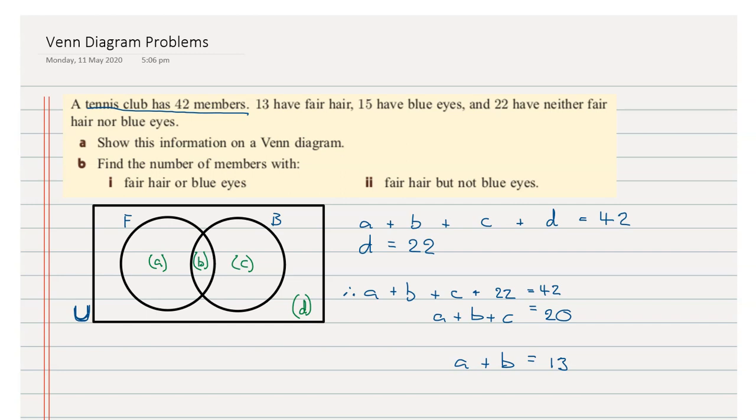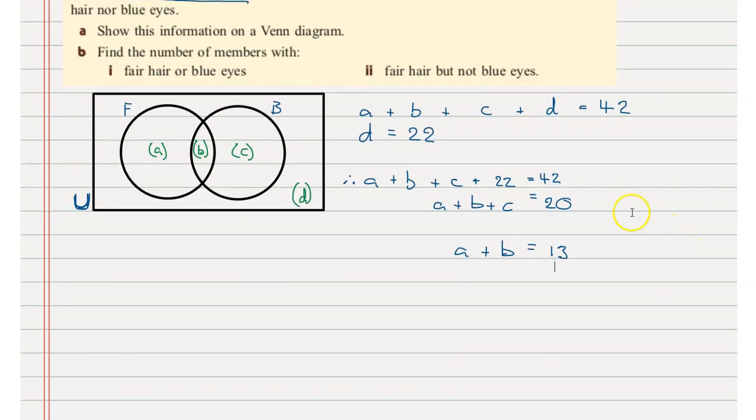Putting this into the equation up here, we can see that 13 plus C equals 20, and therefore C must equal 7.